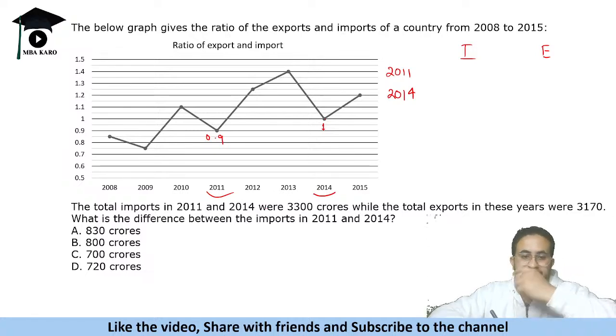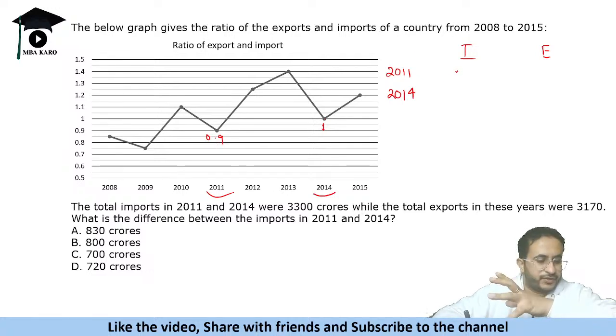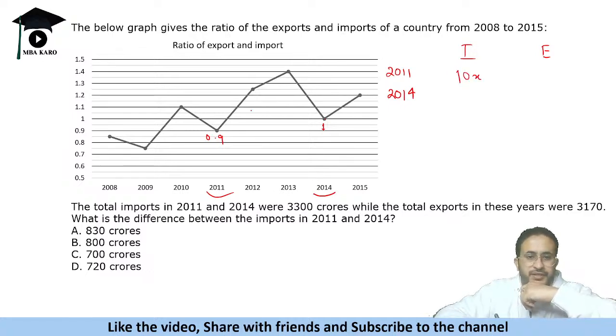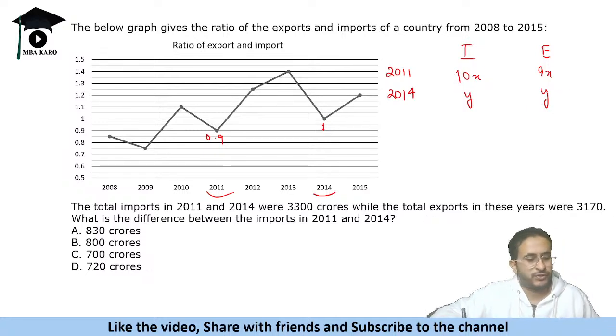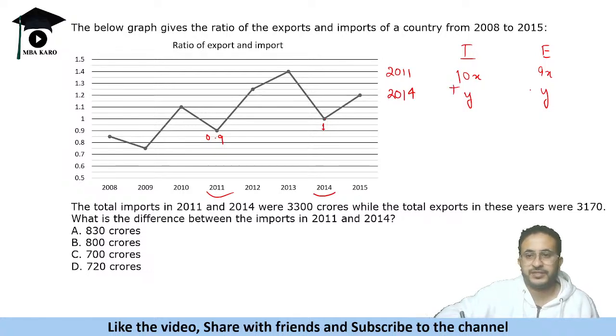So let's do one thing. It is given that 0.9 times. So let's make it, you can take it 100 also, you can take it 10 also. Right? So you can put 10x as the import, right? So export will be 9x. And import, if you put y, this is y because that is equal. Okay, so this is just to make the equations small. Otherwise, you could take 100x and 100y also. Variable ज़्यादा हो जाएंगे. So 10x plus y, 9x plus y. So it is given that 3300, and this is 3170.